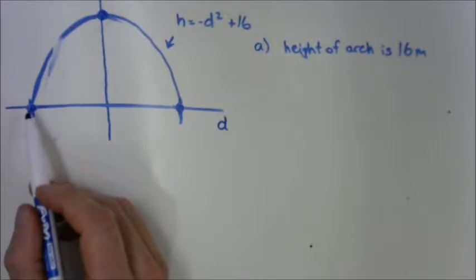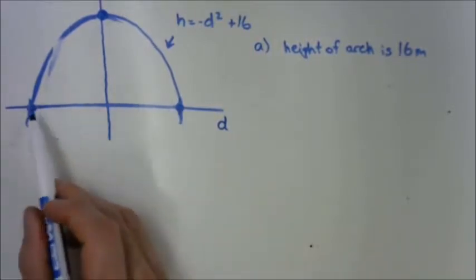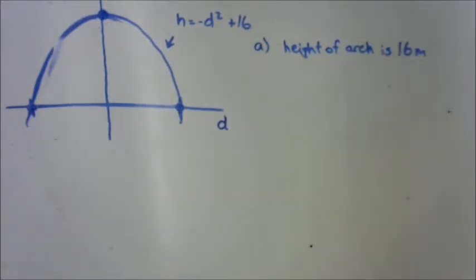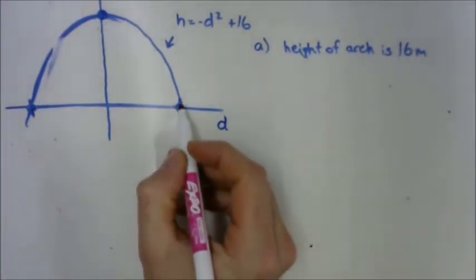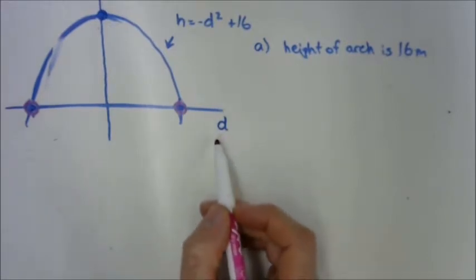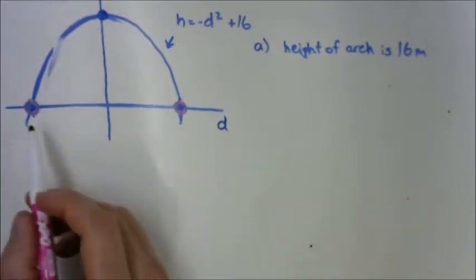That might come into play, though you probably won't need it. Do you know where these points are? Could you find out where those points are? How? I'll give you a hint. They're your d-intercepts. Yeah, we can just put this in factored form and we'll get our zeros.